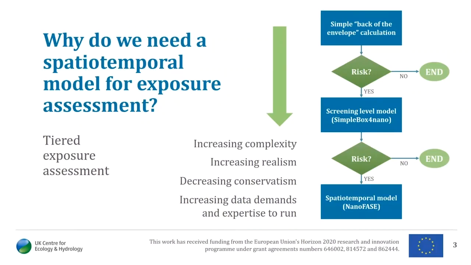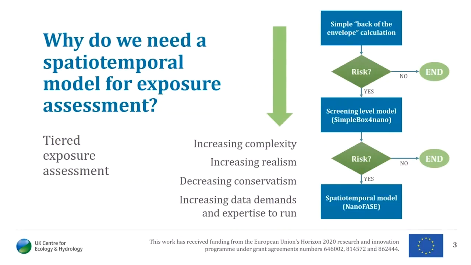And if you have some idea of hazard, you can then calculate risk from that. And because this is really conservative, if you calculate risk and it says no, it's not risky, then you know that you've kind of covered all bases and you don't need to do anything more.